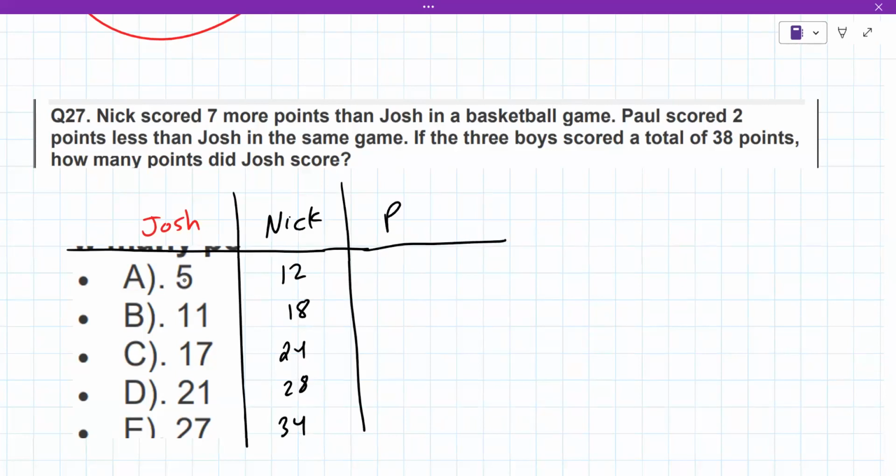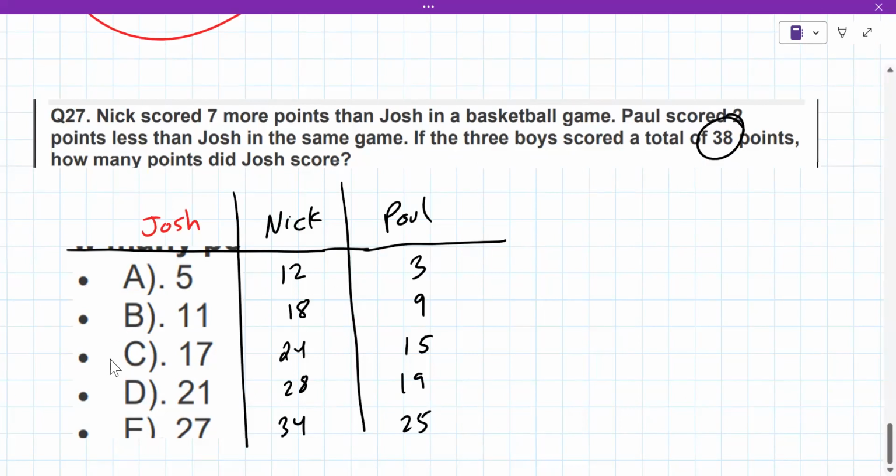And then last guy is Paul. What do we know about Paul? Mm, 2 points less than Josh. Okay, so that's 3, 9, 15, 19, 25. But their total is how many? 38. So one of these is going to add up to 38.